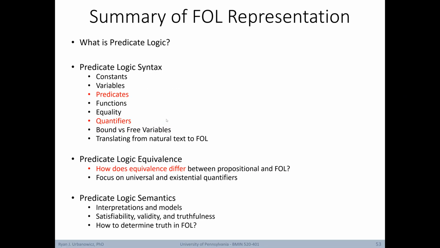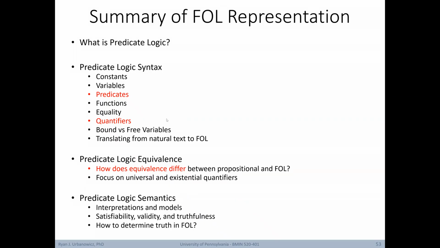Let's review what we covered in today's lecture. First, we defined predicate logic. Then we covered the new predicate logic syntax, including constants, variables, predicates themselves, functions, equality, quantifiers, the difference between bound and free variables, and we looked at some examples of translating from natural text to first-order logic.